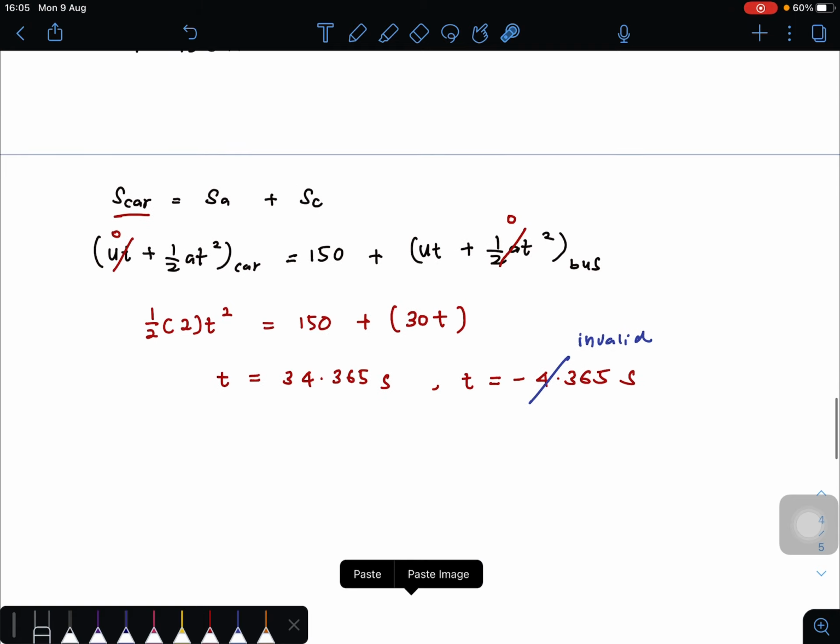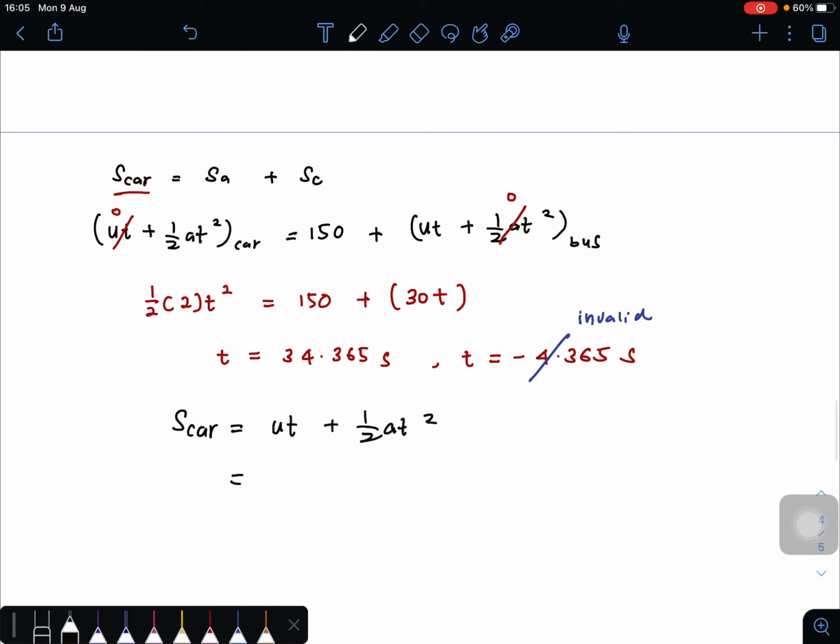Now that we have this value, we can find the displacement of the car equal to ut plus half at square. So just substitute t, where the initial velocity is still zero, then half a is 2 meters per second square, and t is 34.365 square.